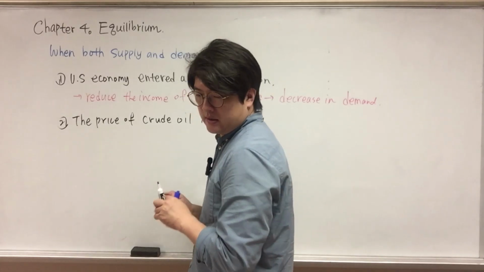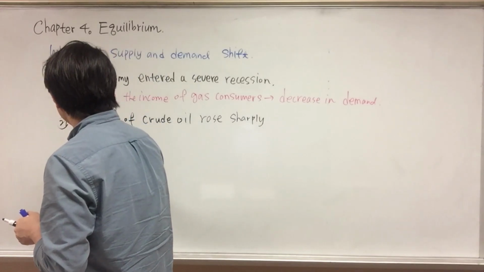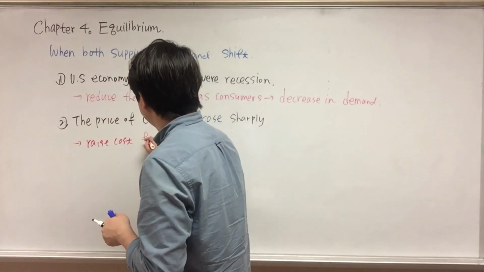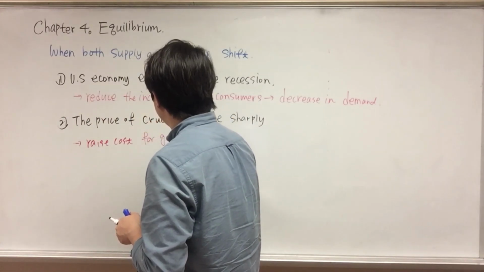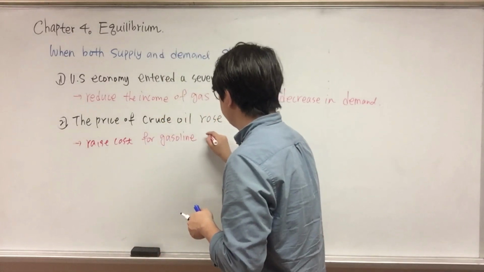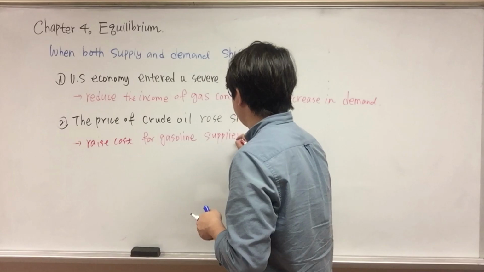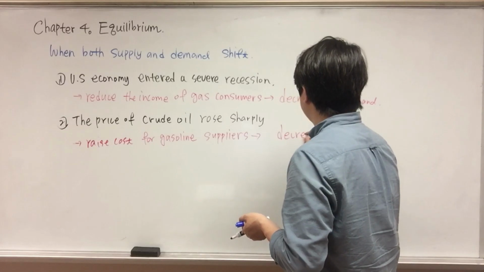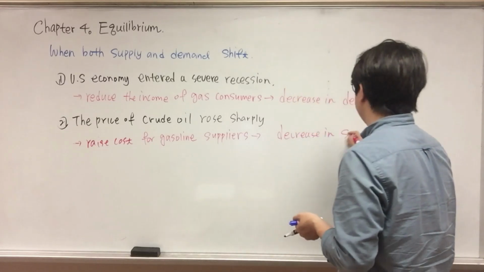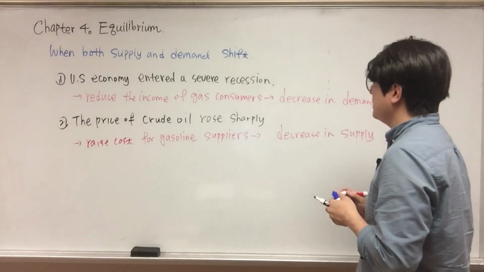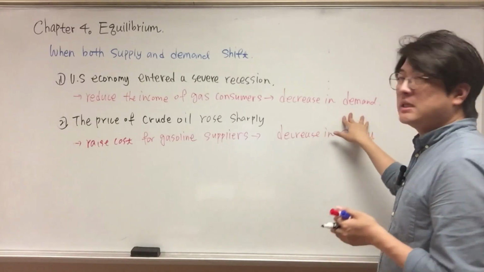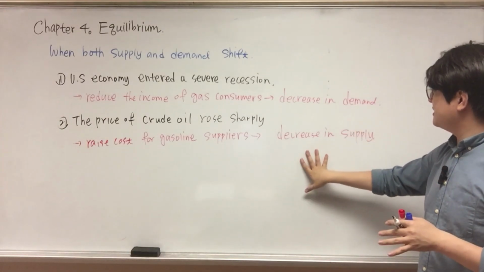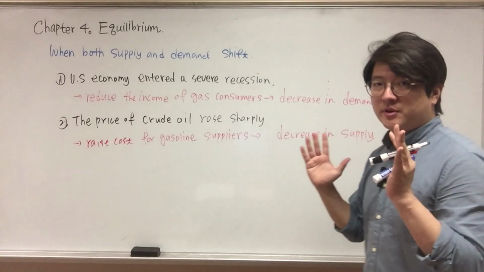Okay, so in this case, it raises the cost for gasoline suppliers, right? So in this case, a decrease in supply of gas. Okay, so if we have a decrease in demand, the curve will shift to left, right? Or at the same time, if we have a decrease in supply, the curve will shift to left also, right?